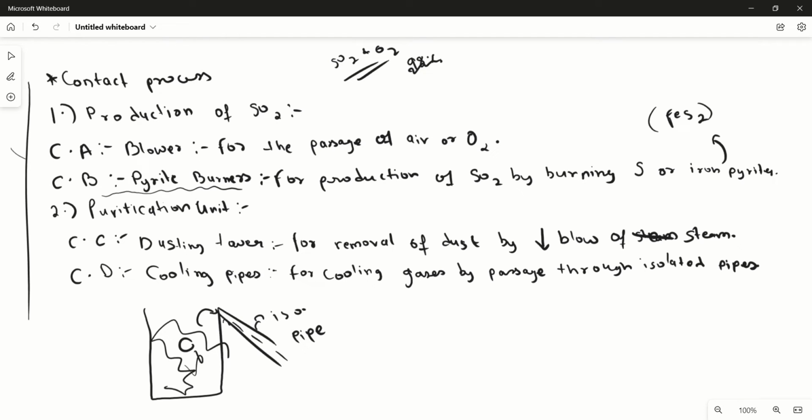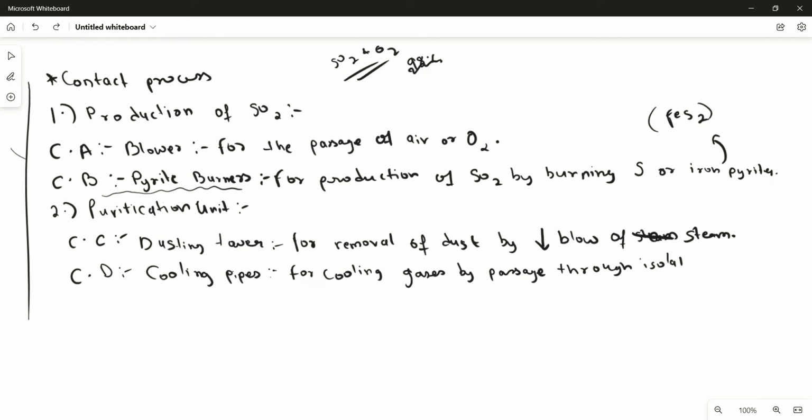Here it cools down. The temperature goes down. Yeah, isolated pipes.